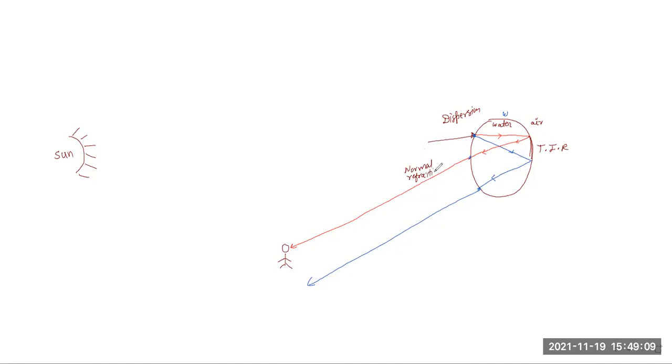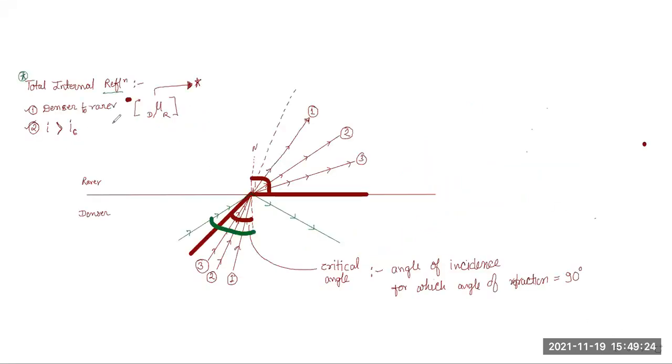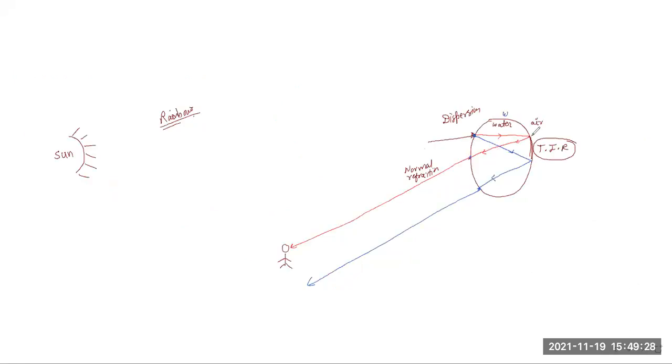If this happens, we get a rainbow. And that's where total internal reflection plays its role. If the conditions are not satisfied here, as we mentioned for this part, these lights will keep on traveling in their forward direction. The user will not be in a position to observe the rainbow. Is it okay?